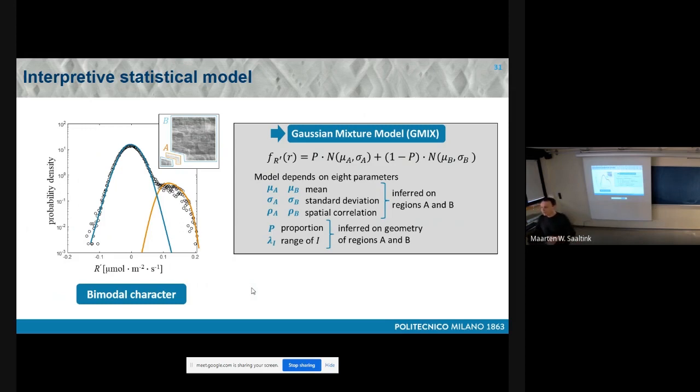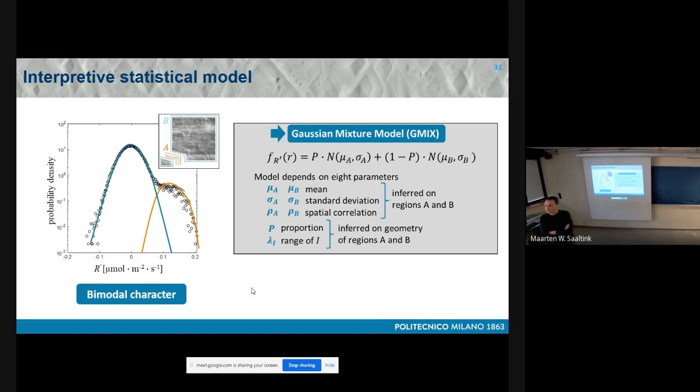So we have a bimodal distribution of spatially correlated Gaussian random fields. Why? Because we want to analyze whether or not there is a spatial correlation, an internal spatial correlation within each random field. Okay, no, I understand the reason.